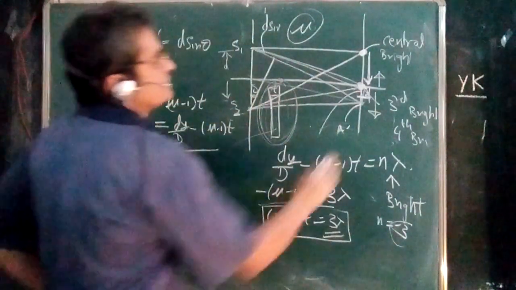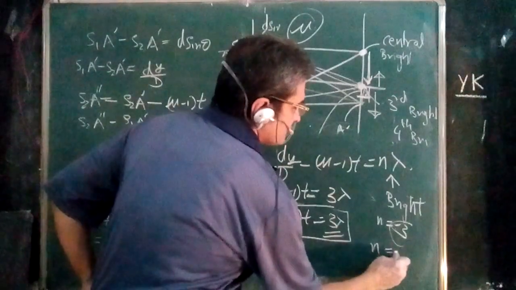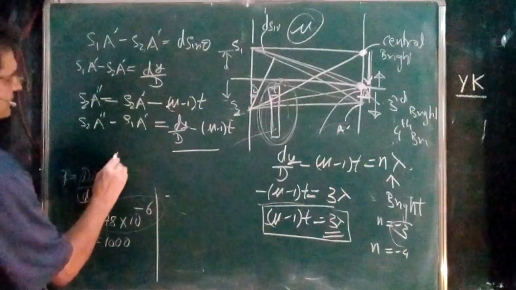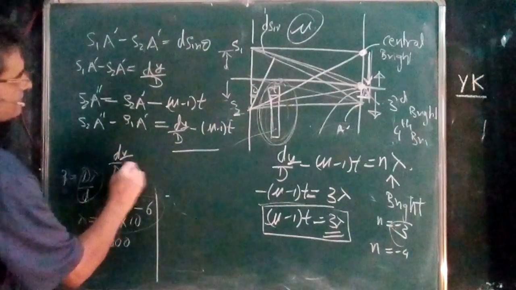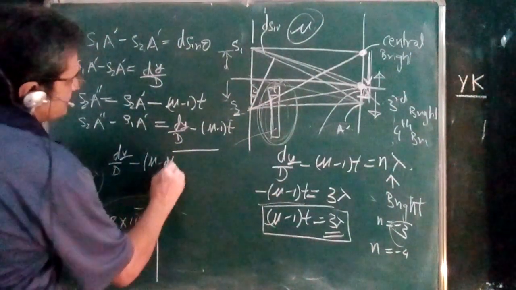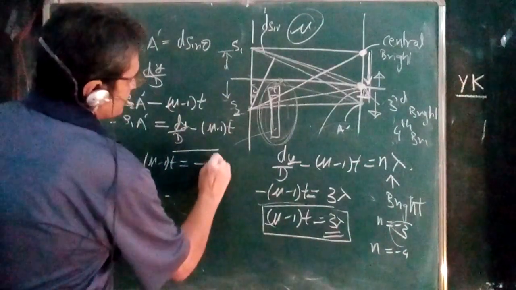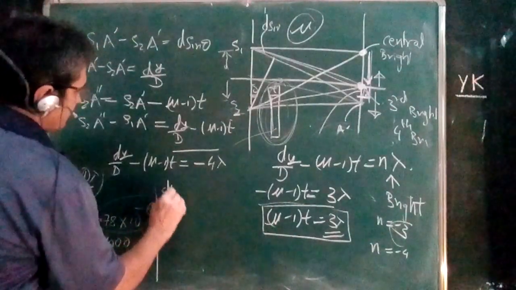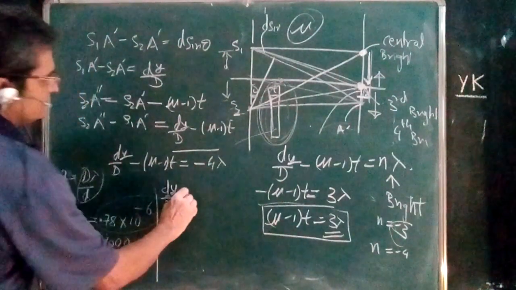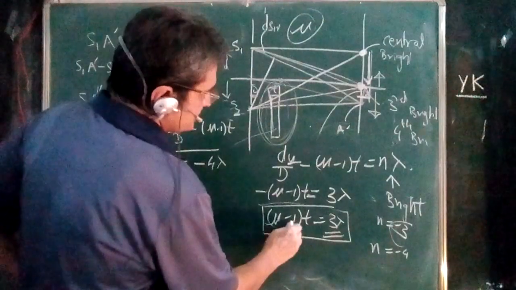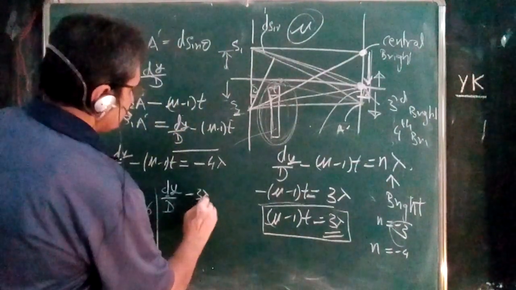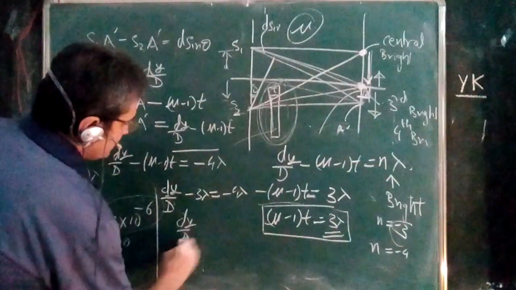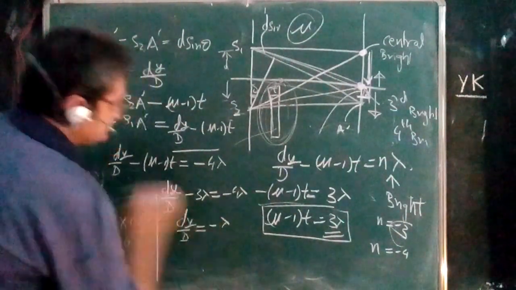Now we have to find the fourth bright fringe, that is n is equal to minus 4, because you are coming down. For n equal to minus 4, write dy upon D minus mu minus 1 into t is equal to minus 4 lambda. Put the value here: mu minus 1 into t is 3 lambda, so dy upon D minus 3 lambda is equal to minus 4 lambda. So dy upon D is equal to minus lambda.